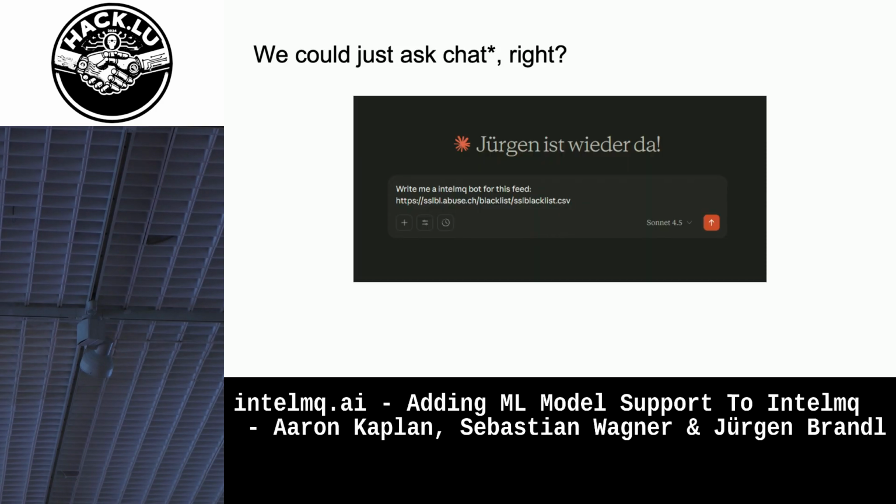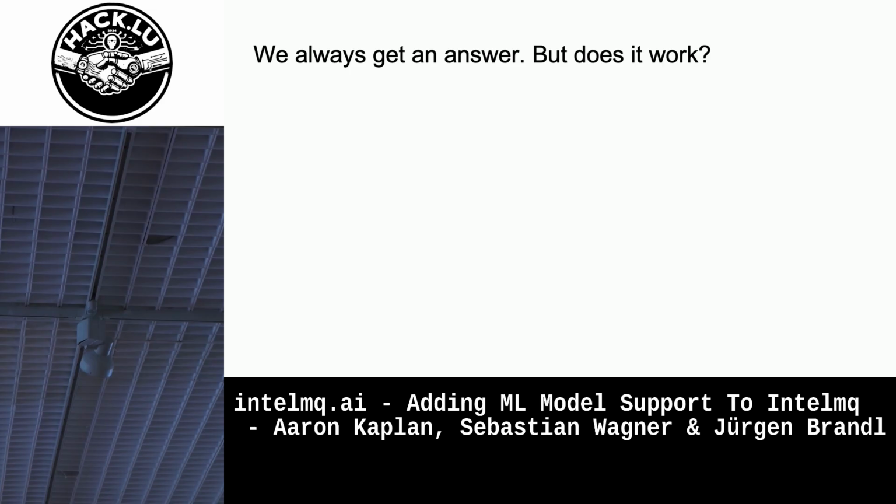The intuitive thing to do would be to use your chat interface of choice and give it the task to write me an IntelMQ bot for this feed. And quite interestingly, most LLMs know what IntelMQ is.